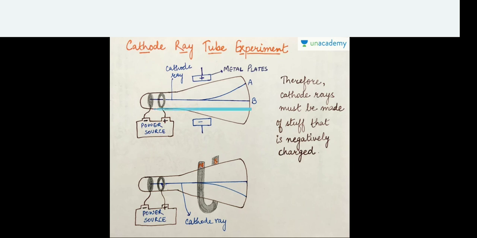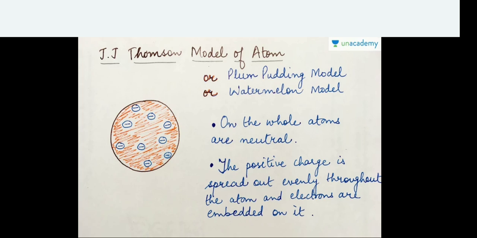Also, he said that the deviation of the particles would be further increased if the mass of the particle is less. So the lighter the particle, the greater will be the deviation. And lastly, the deviation of the particles would also increase if the strength of the electrical or magnetic field is increased.